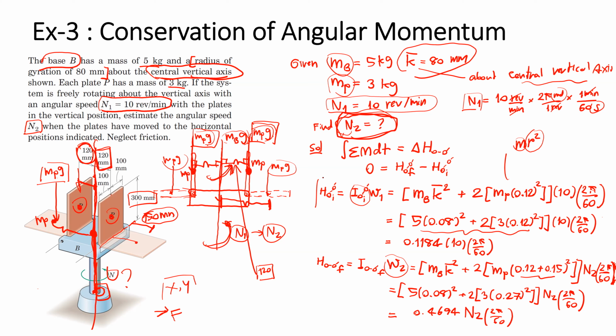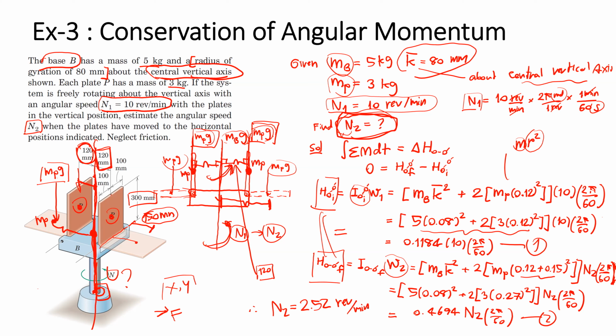And you know that the initial angular momentum is equal to the final angular momentum. So you can solve for N2. For me, I got N2 equal to 2.62 rev per minute.